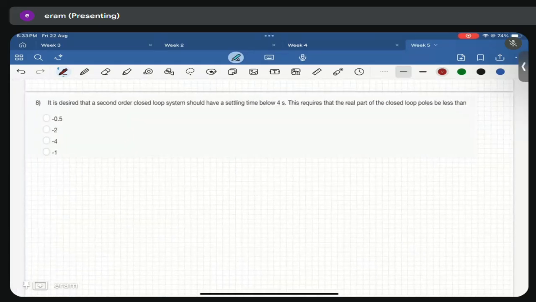There is some second order closed loop system, and for that we want its settling time to be less than 4 seconds. To achieve that, what should be the real part of the closed loop poles?